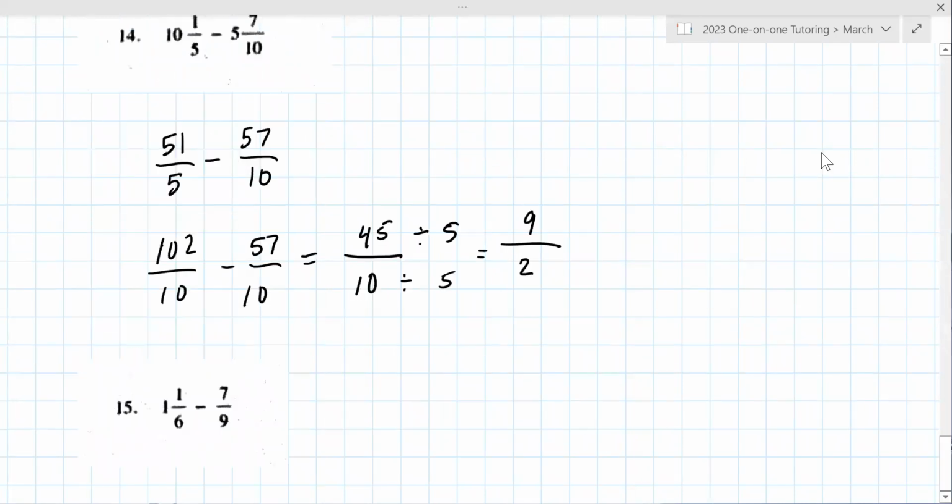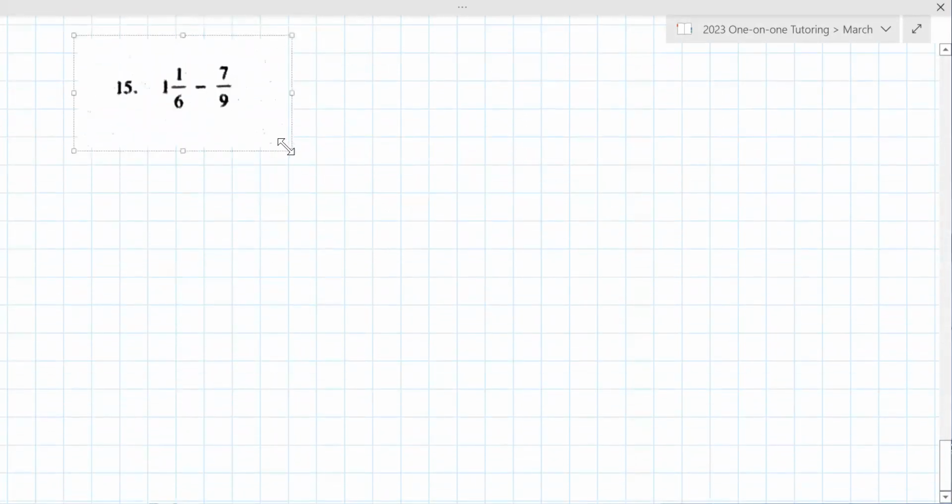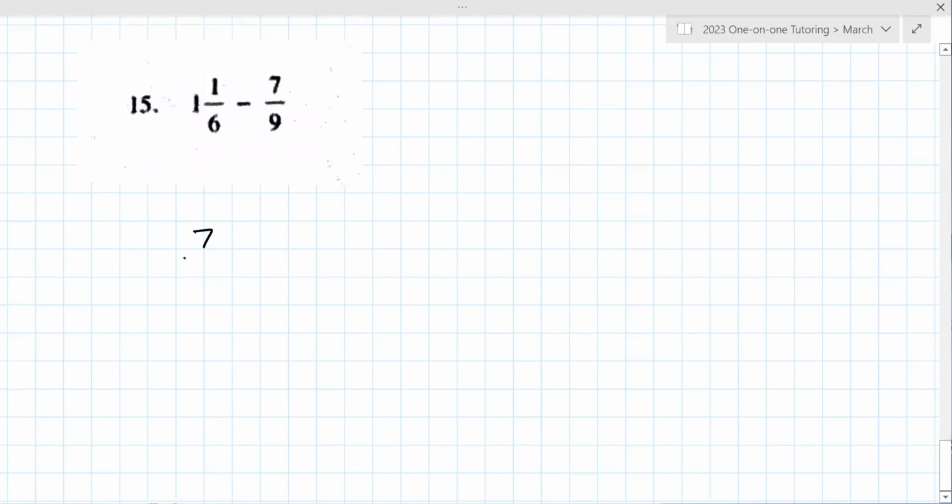Now, nice thing about 17 is you don't have to do anything. We'll do 15 together. So this is 7 over 6 minus 7 over 9. And your LCD is going to be 18. Okay.